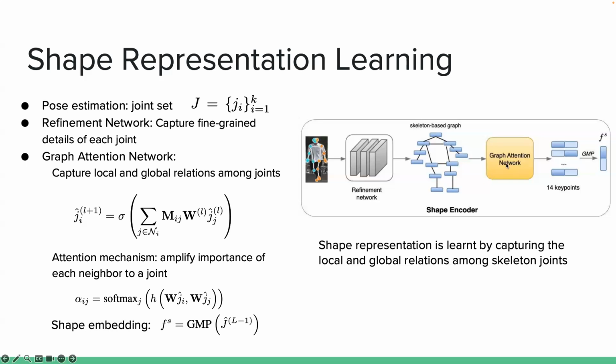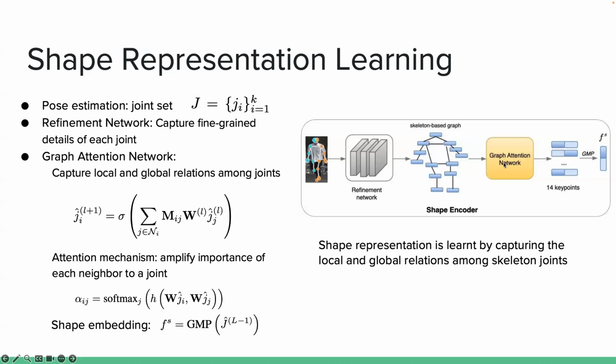Then we use a graph attention network to capture the local and the global relations among the joints. Different from the traditional graph neural network, the graph attention network implements an attention mechanism which can amplify the importance of each neighbor to a joint.